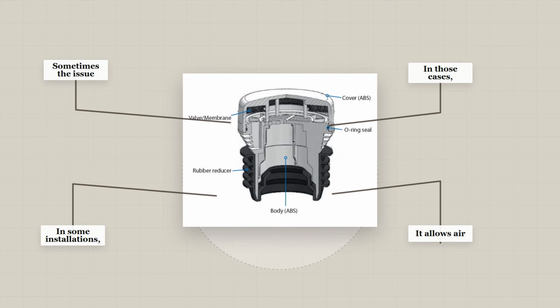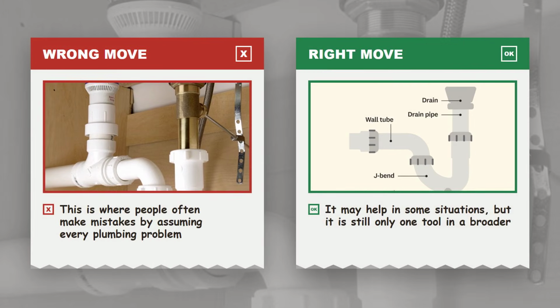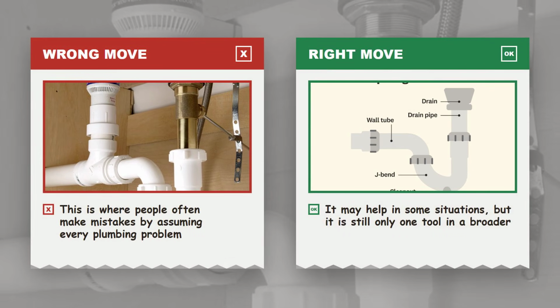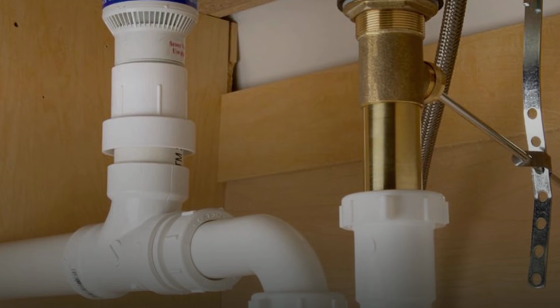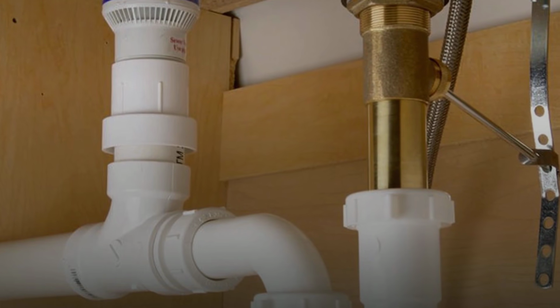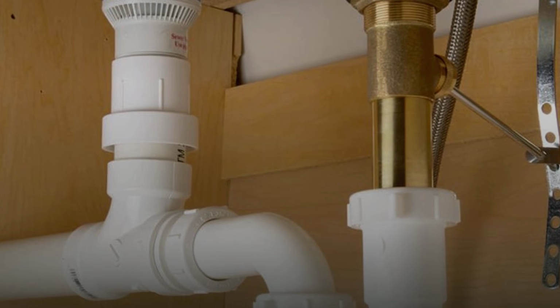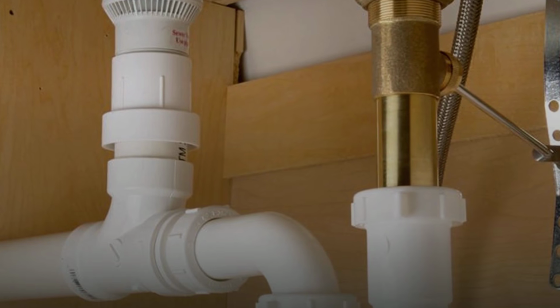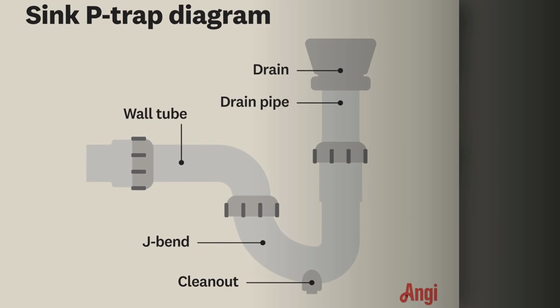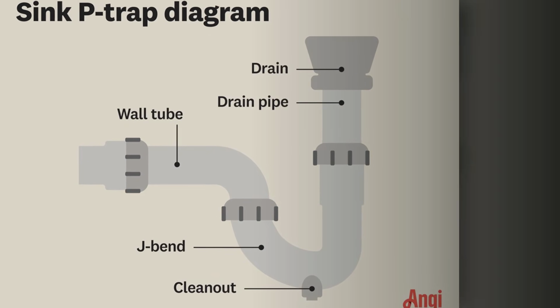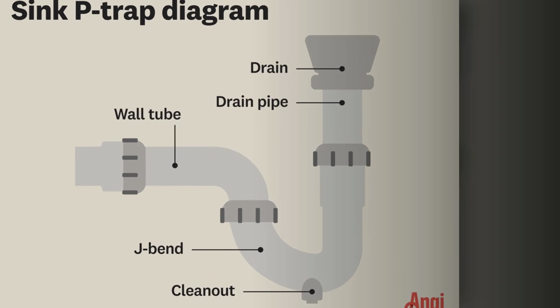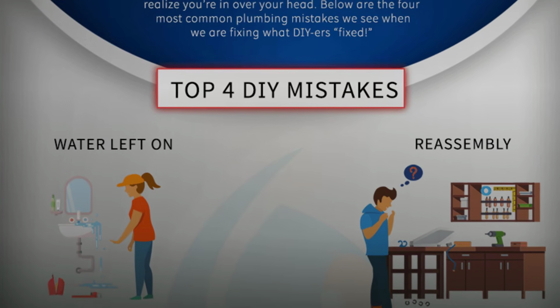It depends on the local code, the fixture location, and the overall design of the drainage system. This is where people often make mistakes by assuming every plumbing problem can be solved with one small fitting. It can't. If the system is badly arranged, or if the fixture is in a place where that type of venting is not allowed, then an added valve will not be the right answer. It may help in some situations, but it is still only one tool in a broader correction.